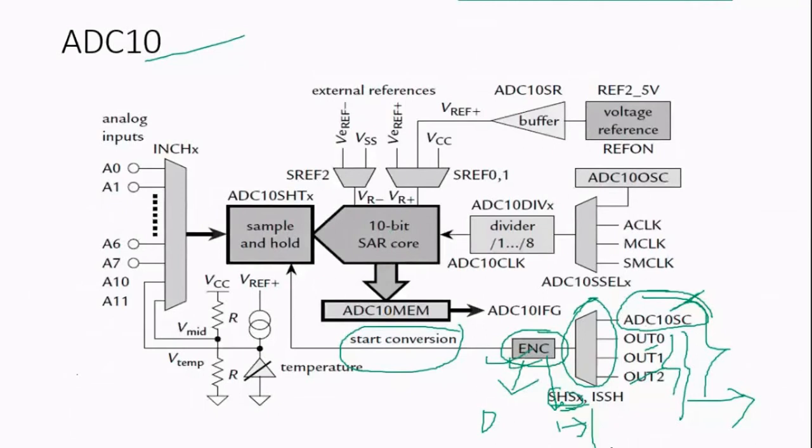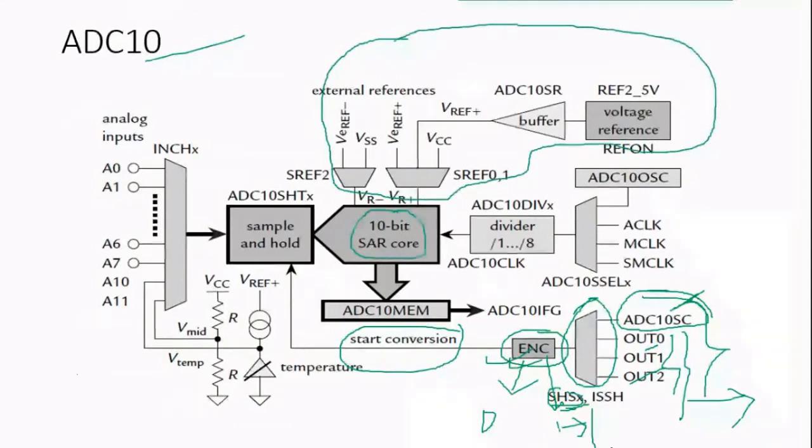Now let's go to the main point, the 10-bit SAR core. What is the 10-bit SAR core? SAR means successive approximation register. In this core are all the voltage reference values. Different voltage sources are available.